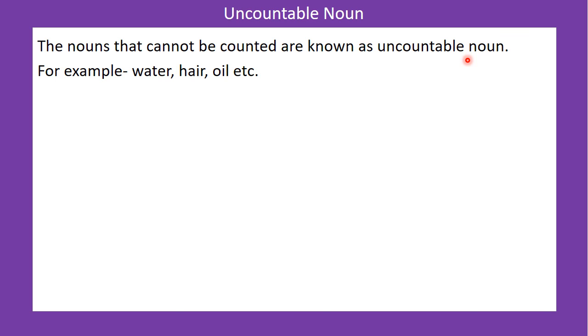Uncountable noun is just the opposite of countable noun. For example, water, hair, oil, etc. Here we cannot count like 1 water, 2 water, so it is uncountable. We cannot count water, hair also and oil also, etc. So in this slide we have learned about uncountable noun. Let's move on to our next slide.